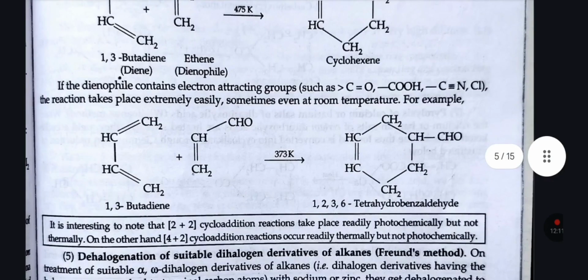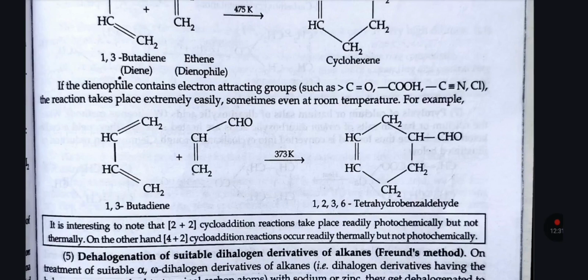If the dienophile contains electron-attracting groups such as C=O, CHO, CN and Cl, the reaction takes place extremely easily and sometimes even at room temperature.